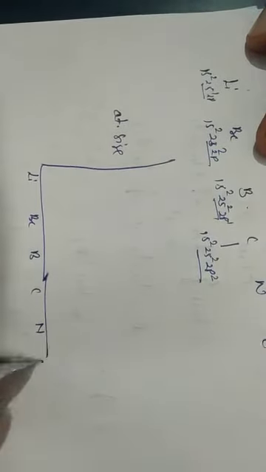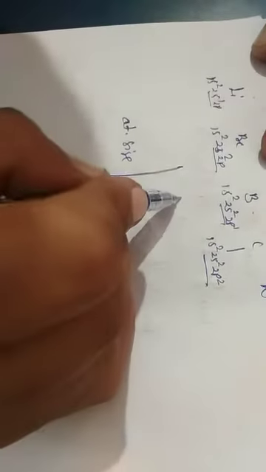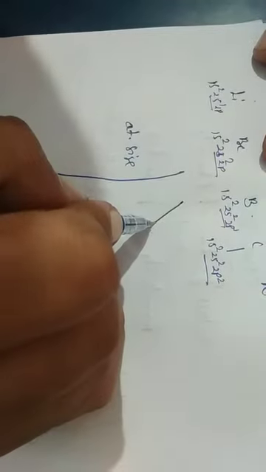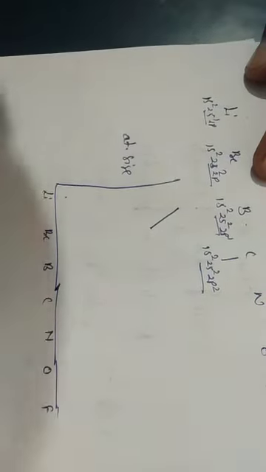But there is some exception. If you go for the graph, this is atomic size. These are the elements I am showing: lithium, beryllium, boron, carbon, nitrogen, oxygen, fluorine. If you move from lithium to beryllium, the atomic size decreases.